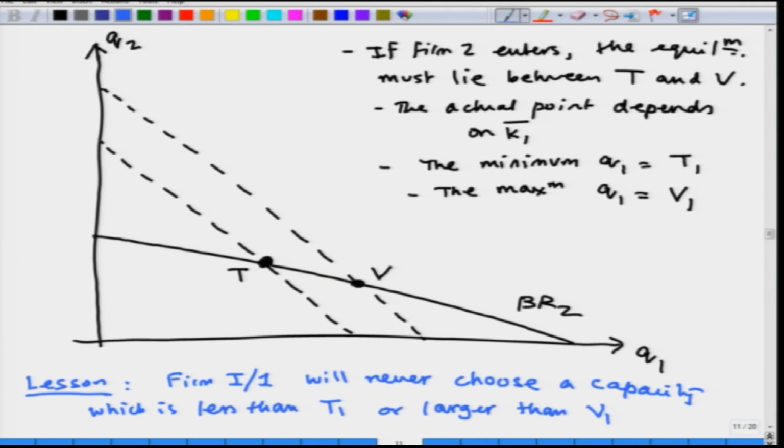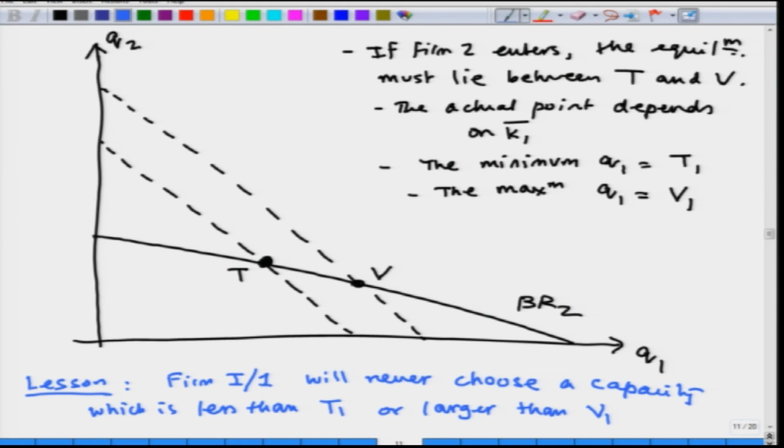Because the Nash equilibrium outcome is going to be somewhere between T and V, I will choose a capacity which is at least at T1 or at most at V1, because these are the two bounds on the quantities that we have.